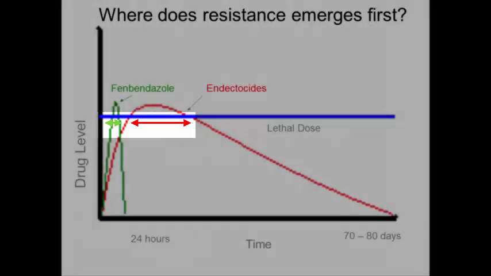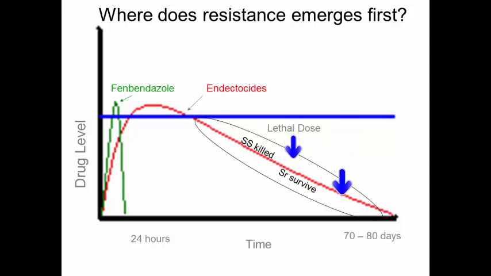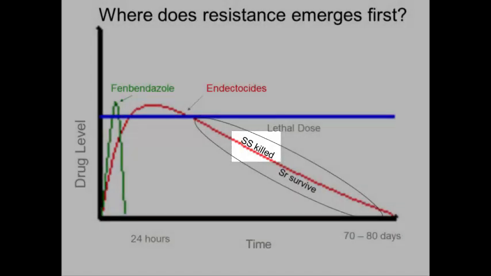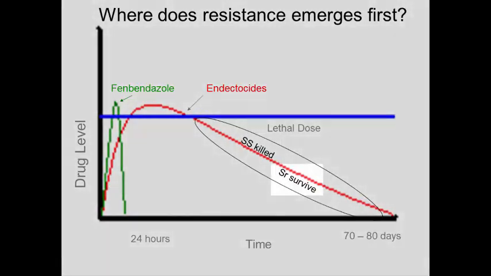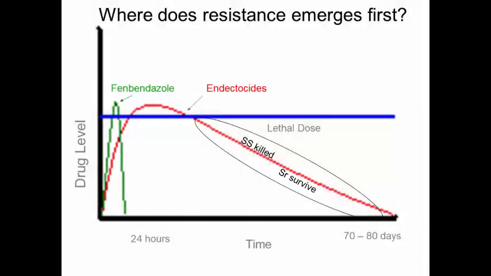However, if we really wanted to choose one that is not going to favor the development of resistance, we'd rather have one with a curve like fenbendazole instead of one with the red line. What happens on the part of the red line which is below the lethal dose in blue is that we're going to kill the most susceptible worms in the population, that is, the ones with both alleles being susceptible, and the ones that are heterozygous with one allele of each kind will survive, resulting in an overall increase of the resistant gene for the next generation.